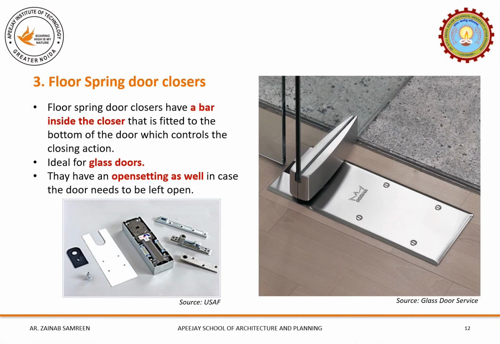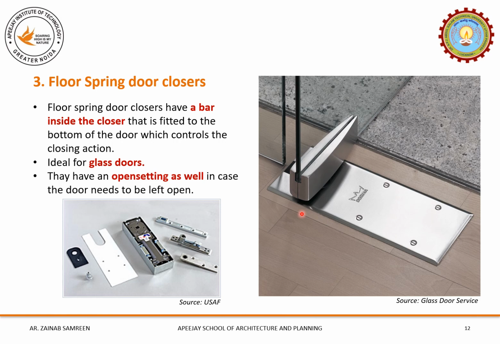The third one is the floor spring door closure. They are basically door closures that have a bar inside the closure, which is fitted to the bottom of the door. Here you can see, and this controls the closing action of the door.